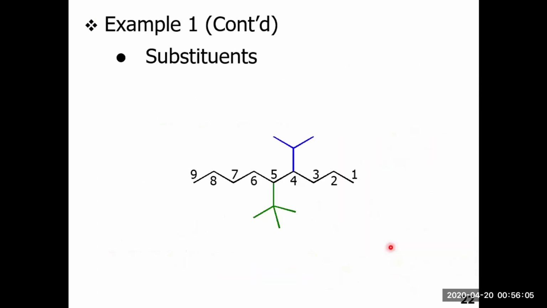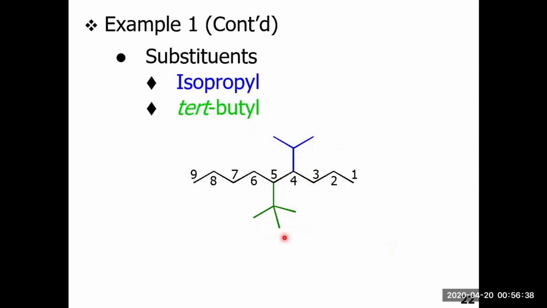Okay, now the next thing we have to do is to know what are the substituents connected at those locants. At carbon 4, you have this blue thing here. I hope you are familiar that this one is your isopropyl. And this thing here at carbon 5 is your tert-butyl.